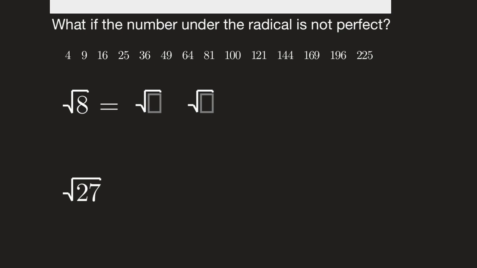Here's the deal. Guys, as soon as you recognize that you have a non-perfect square value underneath that radical, we're going to put an equal sign, and you're going to draw 2 radicals there, just like I've done there. Those 2 radicals are technically being multiplied together.